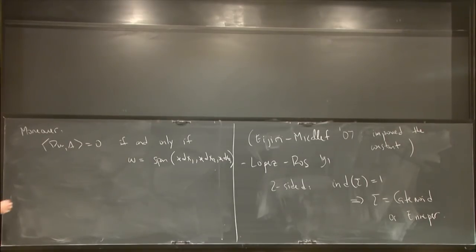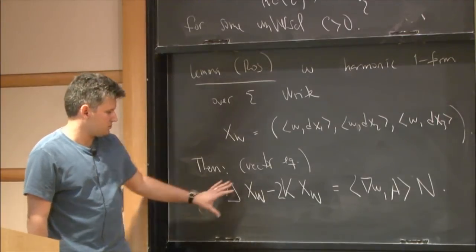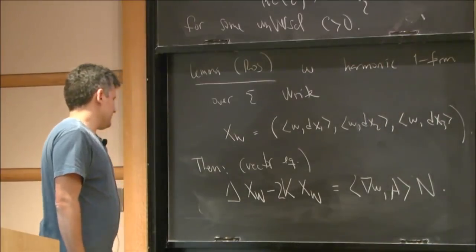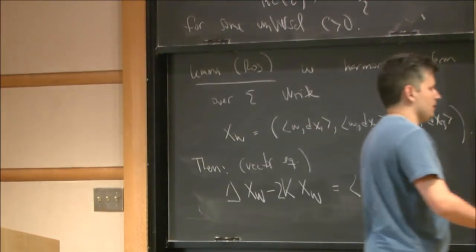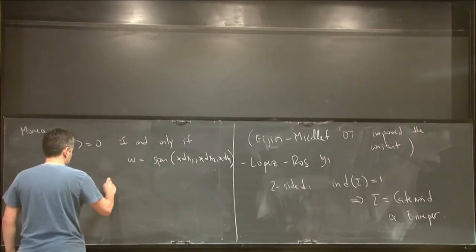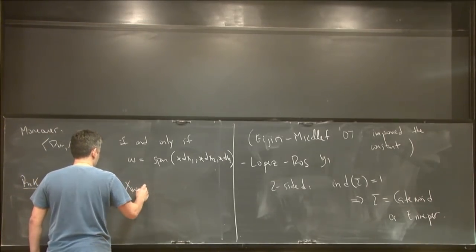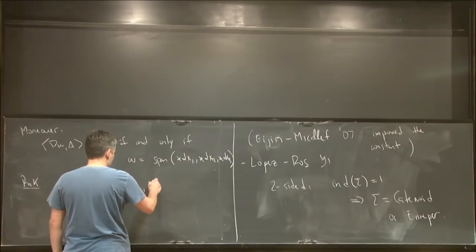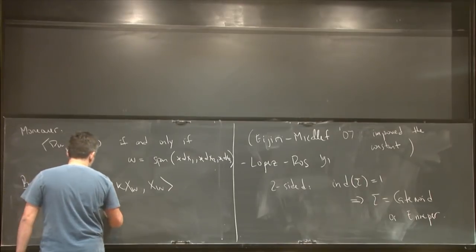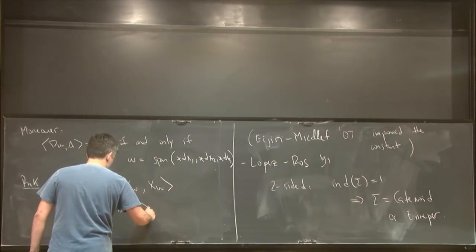Okay. So let me just make the remark. Obviously this has somehow a connection to the second variation by just looking at this formula, right? This looks a lot like the Jacobi operator, and in fact, if I take Laplacian of x omega minus 2k x omega, and then dotted that with x omega, well, this is going to be equal to this.